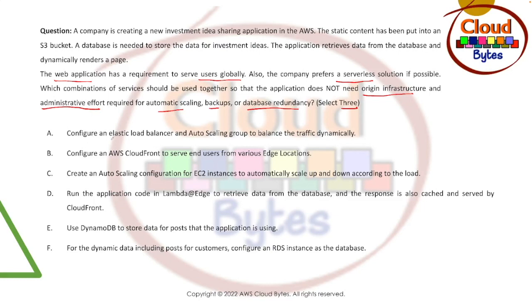Configure an elastic load balancer and auto scaling group to balance the traffic dynamically. So this is possible, but because the company is preferring a serverless solution, I would just keep it as an option here, but not the preferred option. Configure AWS CloudFront to serve end users from various edge locations.